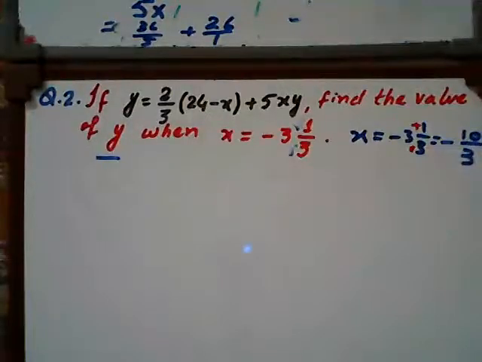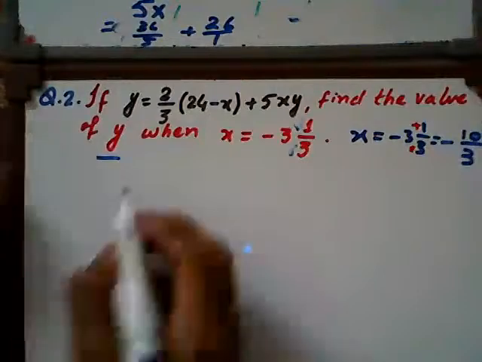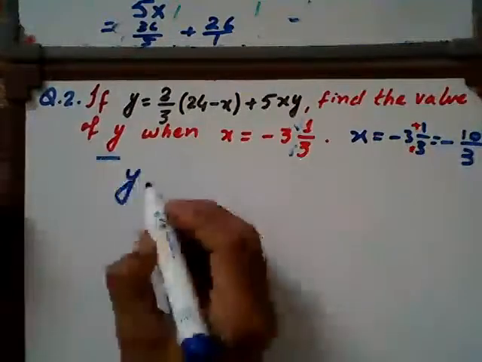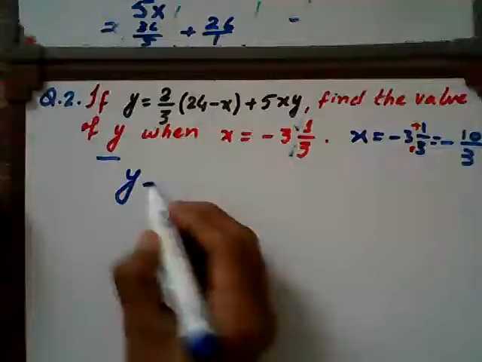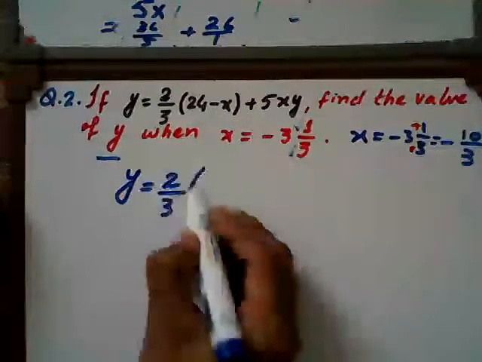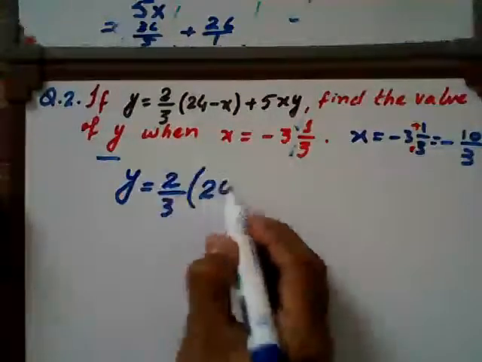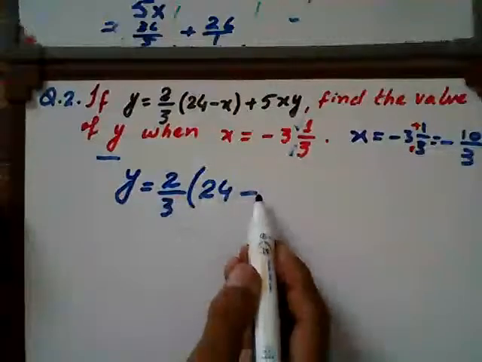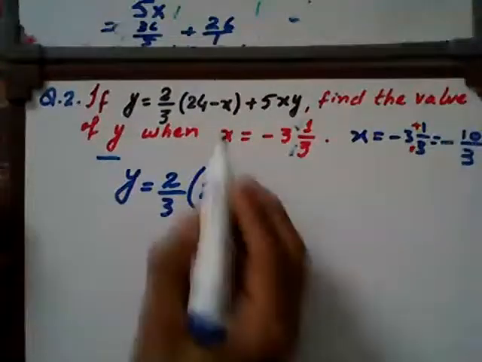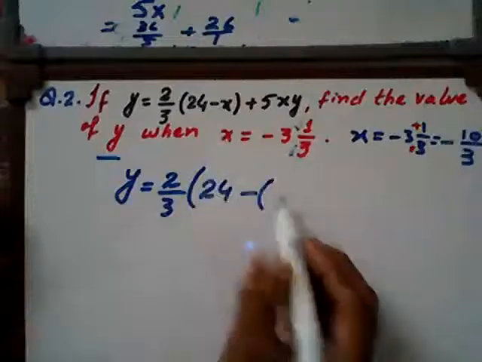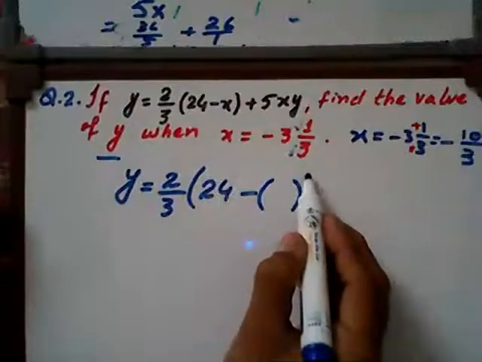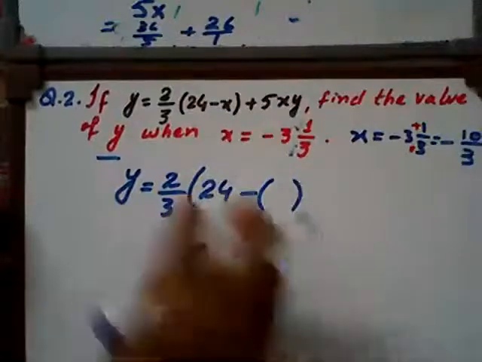So now what we do is write the same equation. y, whose value we need to find, will remain the same, is equal to 2 by 3 and 24 minus, but here is again a bracket that is given, so we'll be putting a bracket and the bigger bracket. Now there is no need of this bracket in place of this.